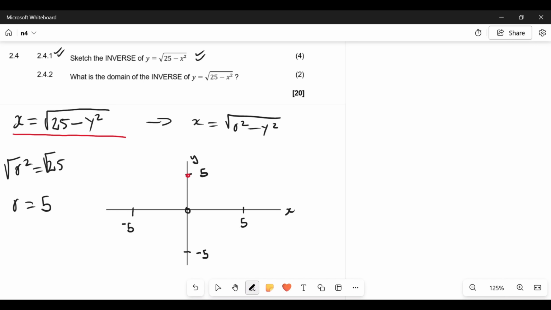So it's going to cut at positive 5 on the x-axis, and it's also going to cut at positive 5 and negative 5 on the y-axis. When you draw this graph, this is how it's supposed to look. So this is our graph for the inverse, x equals root of 25 minus y squared. There we go. This is the graph they wanted us to draw.